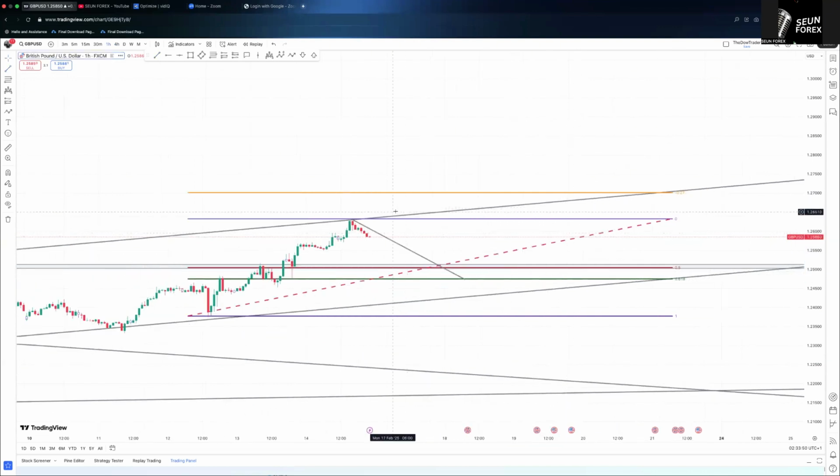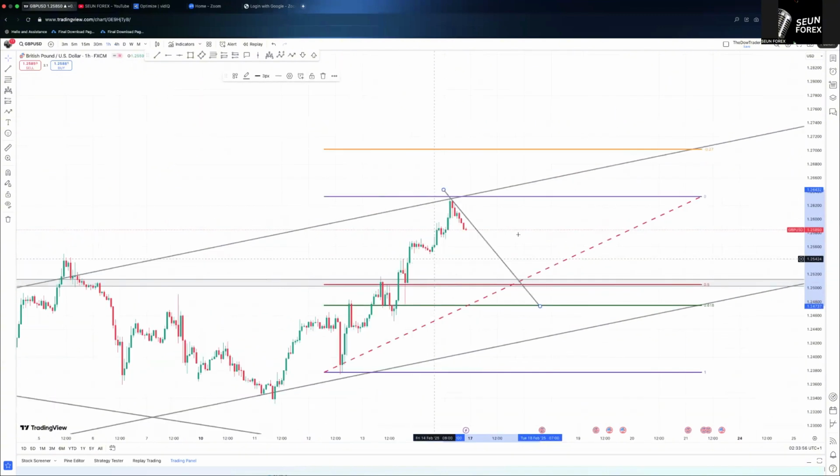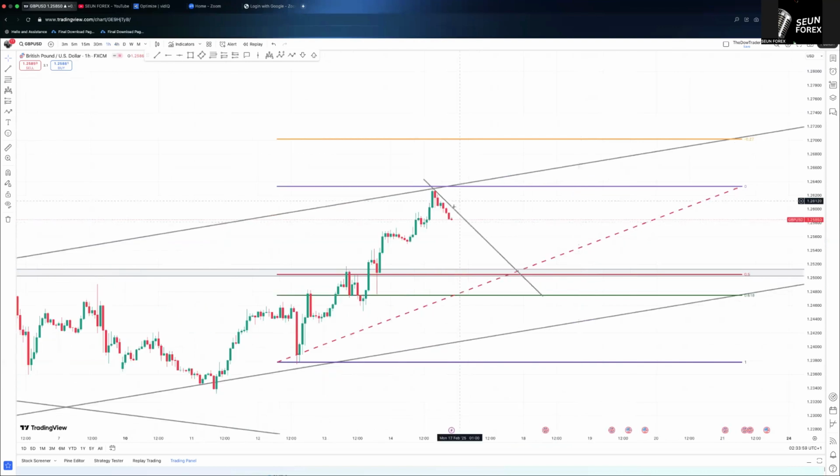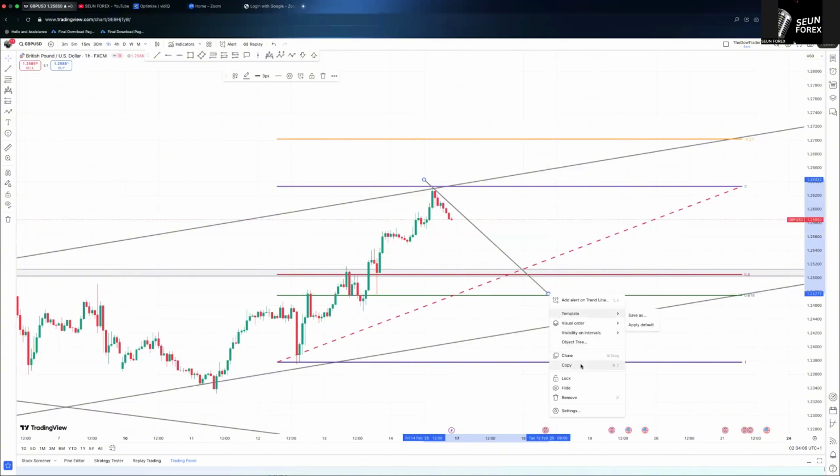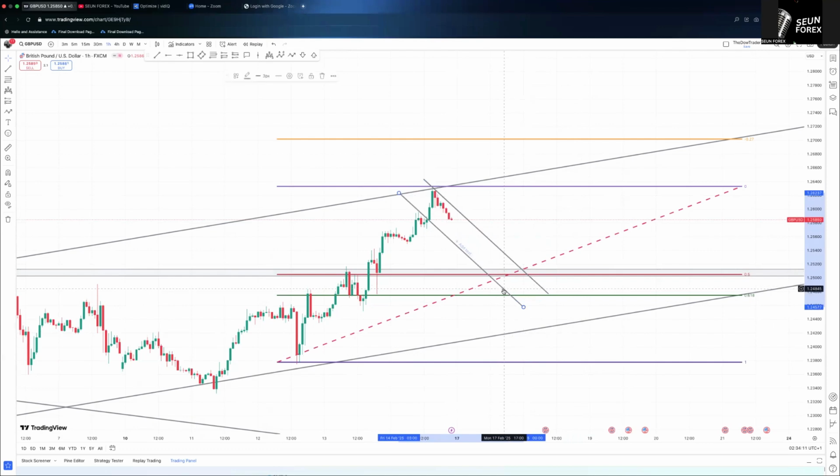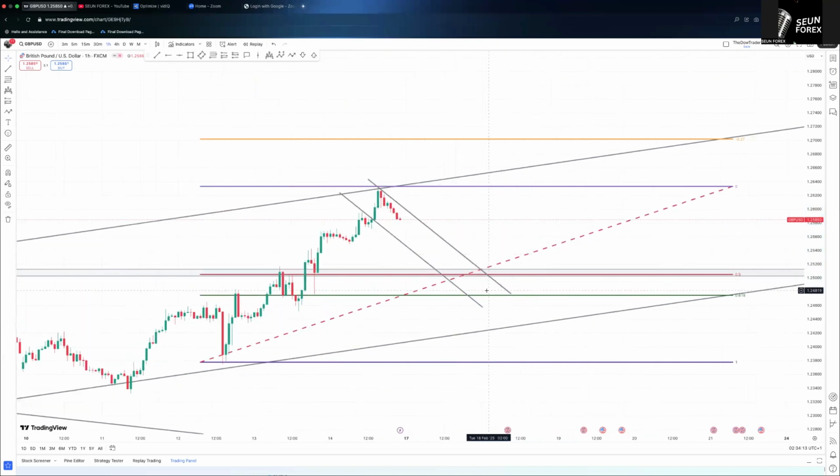I will be expecting this market, in this 4-hour time frame, to come to this key level, the golden ratio. Then I won't enter first. Then I'll be expecting the market to do whatever it wants to do in this golden ratio and bounce out of this market. What do I mean?